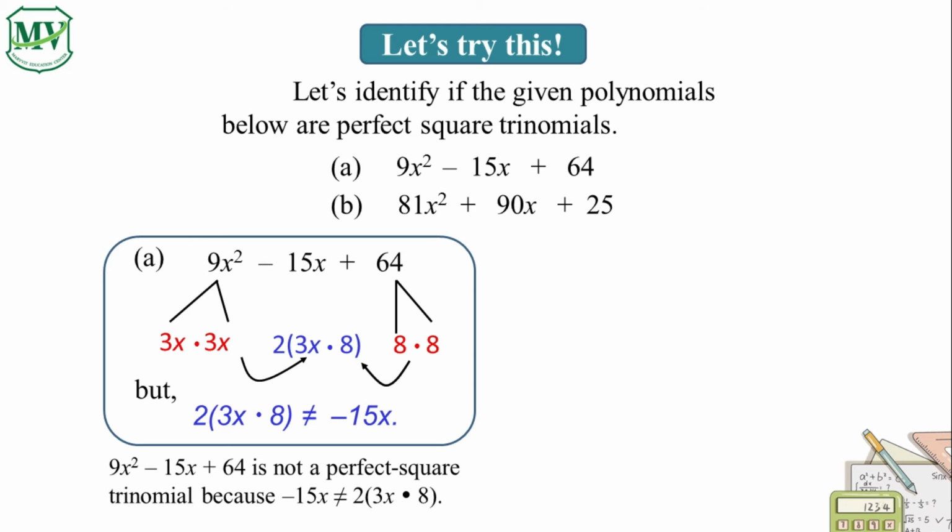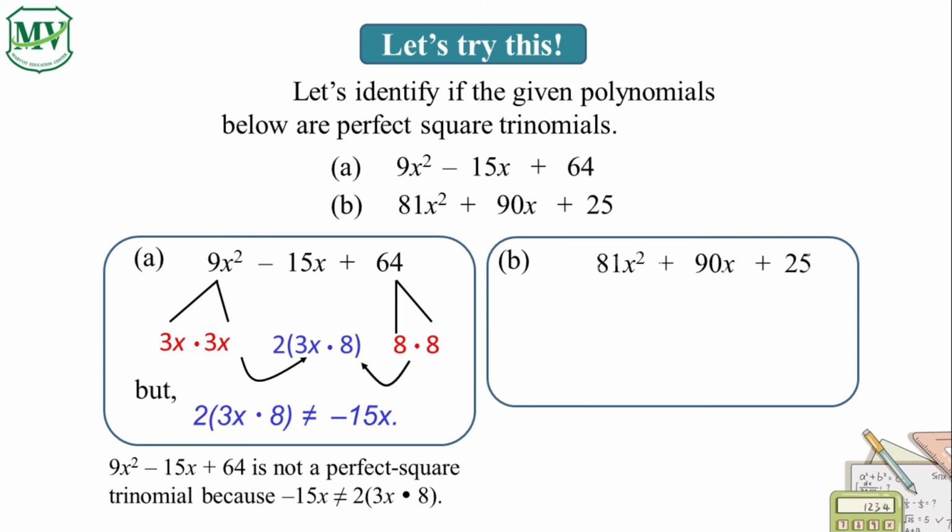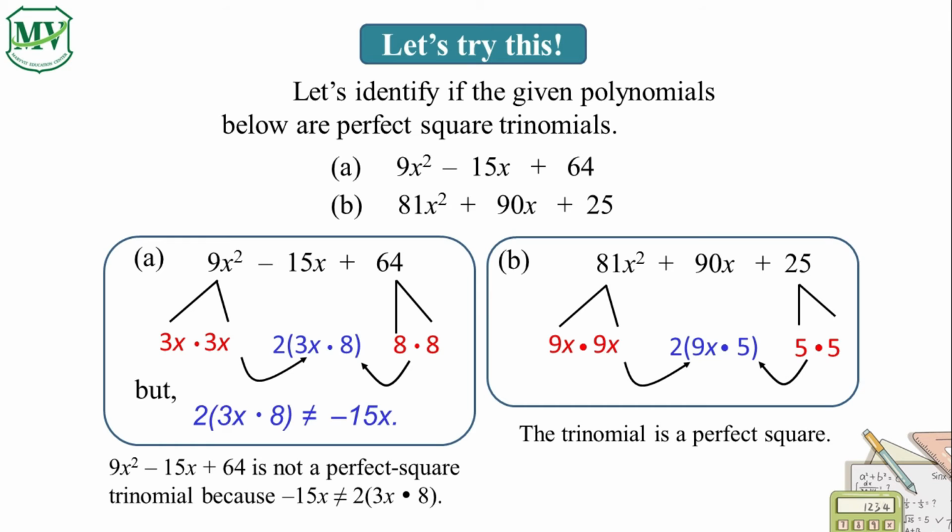Negative 15x is not equal to 2 times the quantity of 3x times 8. How about letter B? In the given polynomial in letter B, the first and the last terms are perfect squares, and the middle term is 2 times one factor of the first and the second term. Thus, the trinomial is a perfect square.